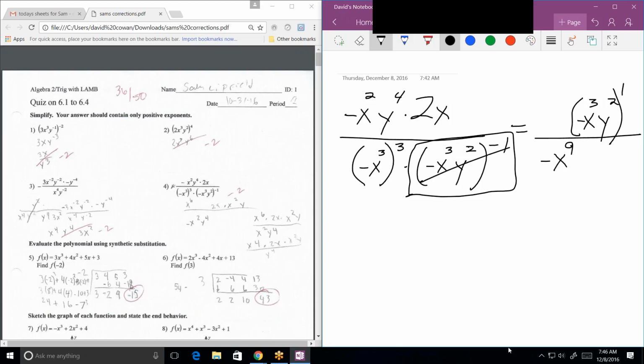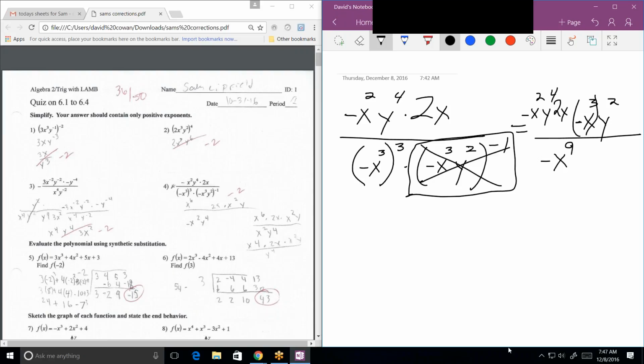So now I've moved that whole thing to the top, and I'm going to combine it with minus x squared y to the 4th 2x. Now I don't need that 1, which means I don't need the parentheses. I can erase those parentheses, and 1 is implied. And I do need parentheses around that just to indicate that I'm not subtracting, I am multiplying. So that's where we stand at this point.